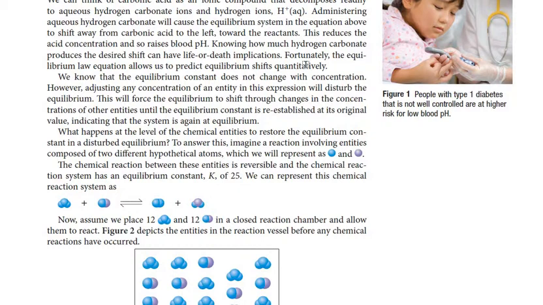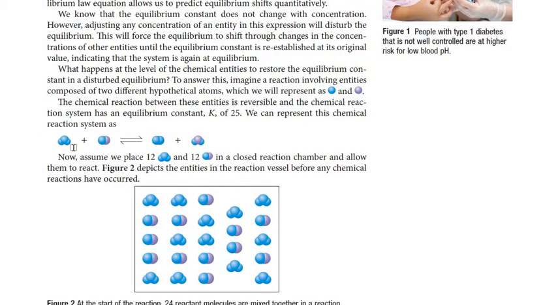The chemical reaction between these entities is reversible, and the chemical reaction system has an equilibrium constant of 25. So we can represent this chemical reaction as follows. As you see here, we have three of them plus these two making two blue, one, and the three of them with one purple.